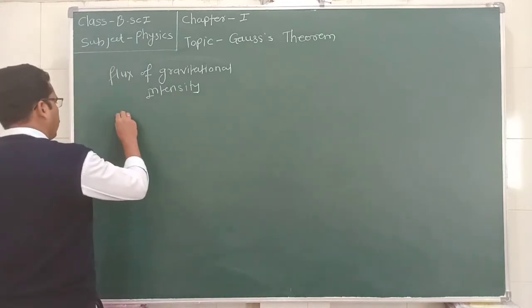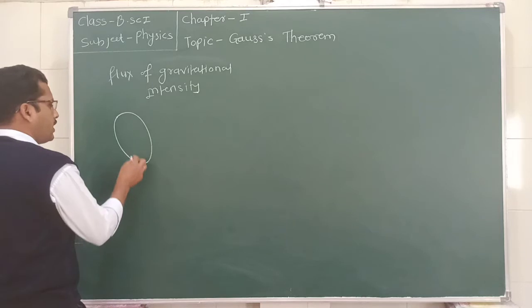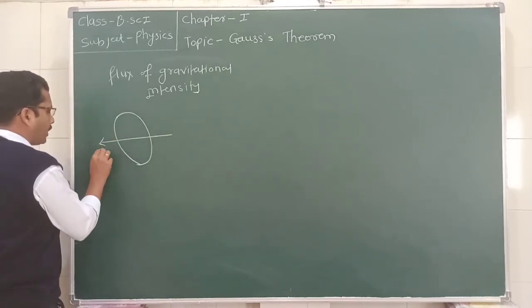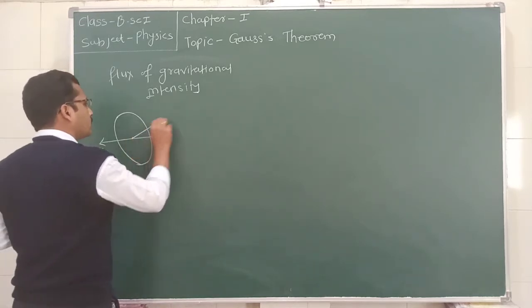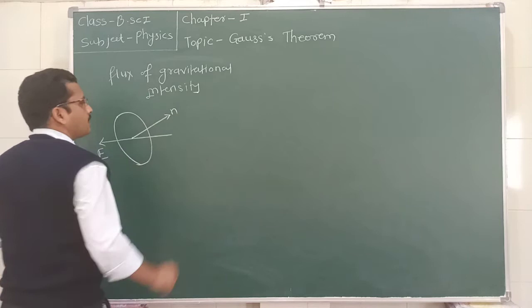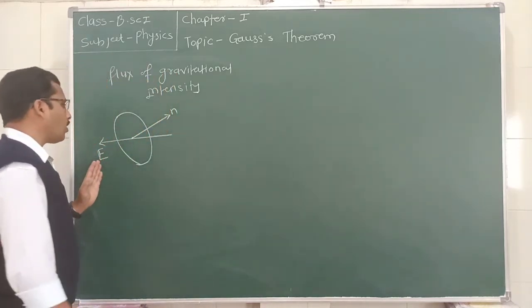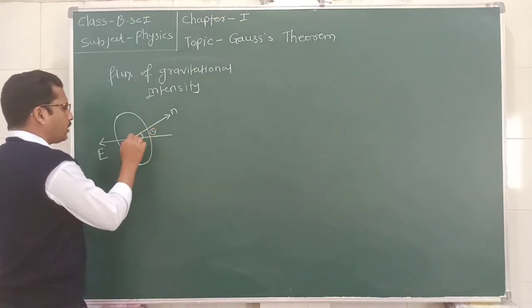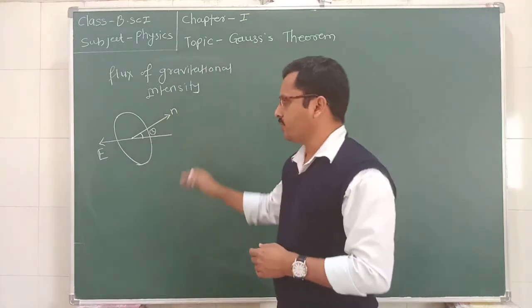Suppose we are given a surface ds, and this is the direction of gravitational intensity E, and suppose this n is the normal to the surface, making an angle theta with the direction of gravitational intensity.